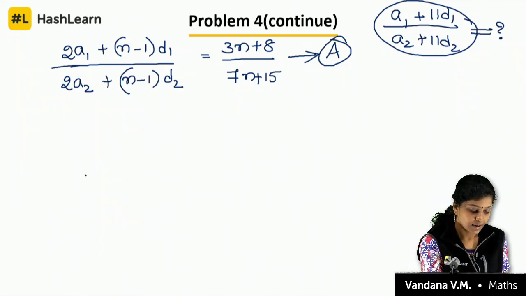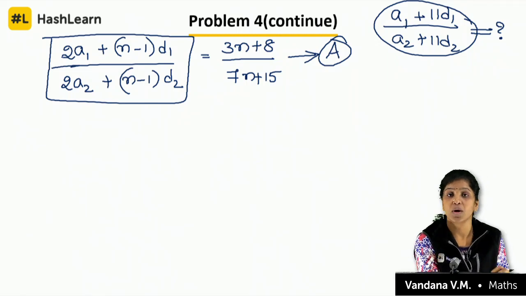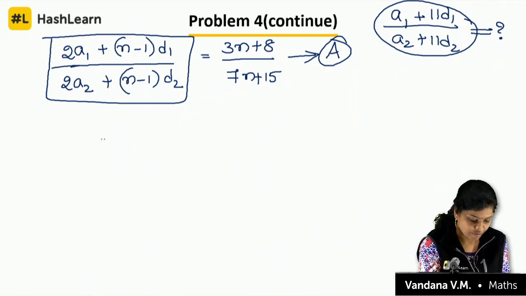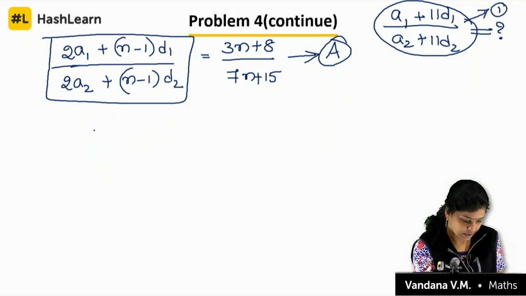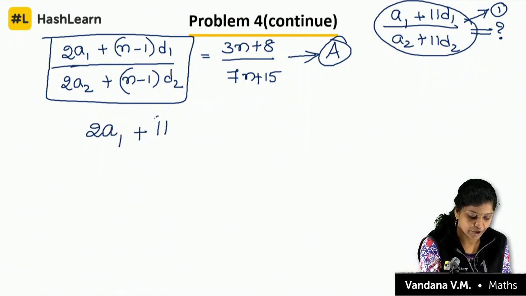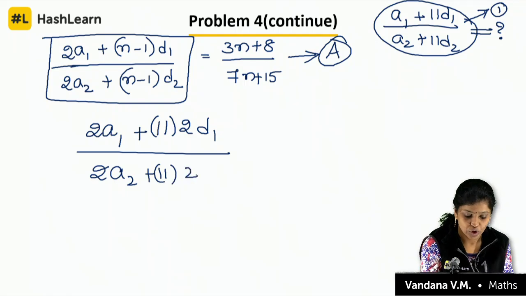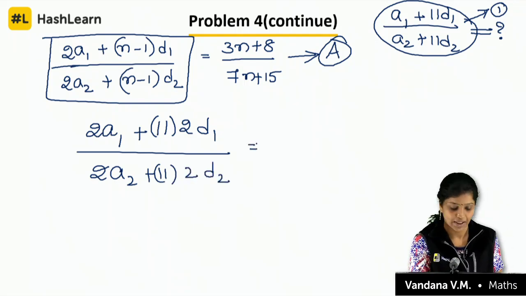Okay, but here I am having the same pattern, but 2 I am having extra. So, just multiply. If I am multiplying this with 2, that is 2a1 plus 11 into 2 into d1 divided by 2a2 plus 11 into 2d2, because the same thing I multiplied.